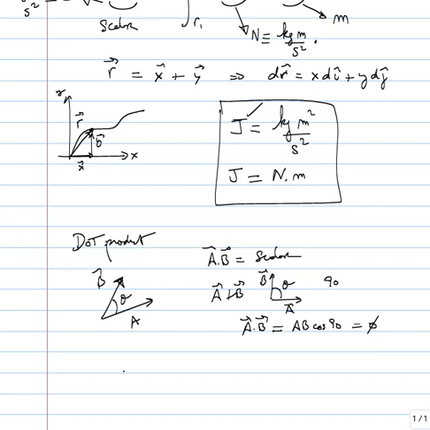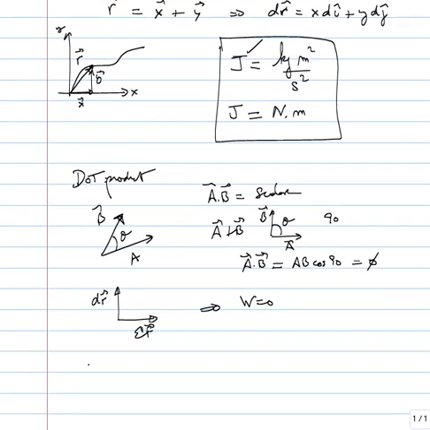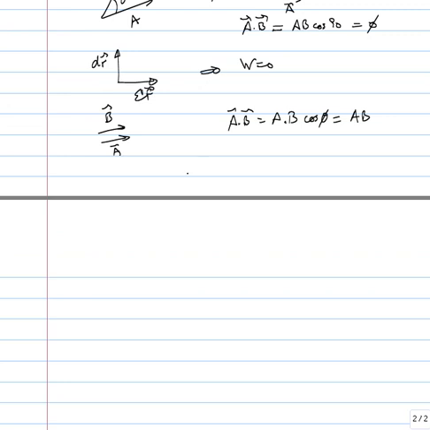In our case, if the sum of all the forces is perpendicular to the displacement, then the work would be equal to 0. Other extreme case, if A is parallel to B and in the same direction, then A dot B will be magnitude of A times magnitude of B times cosine of 0, and cosine of 0 is 1, therefore the dot product will take its maximum value, which will be the case for us if the sum of all the forces are in the same direction as the displacement.